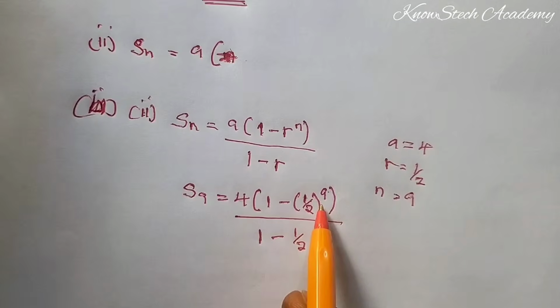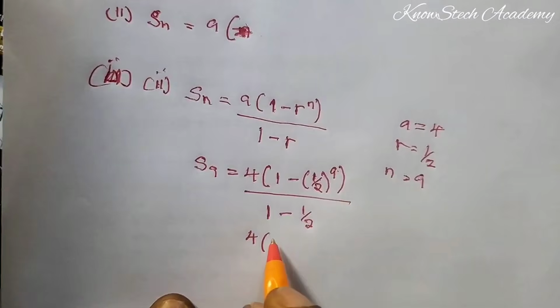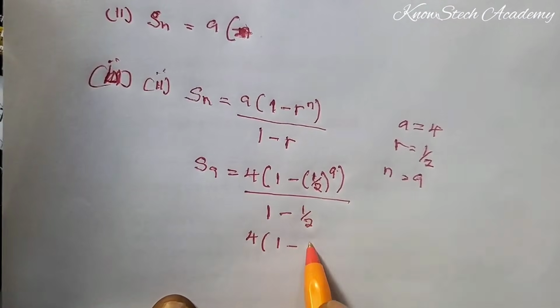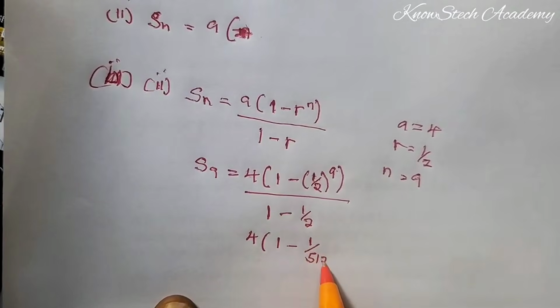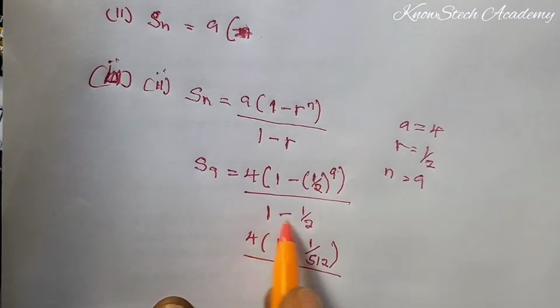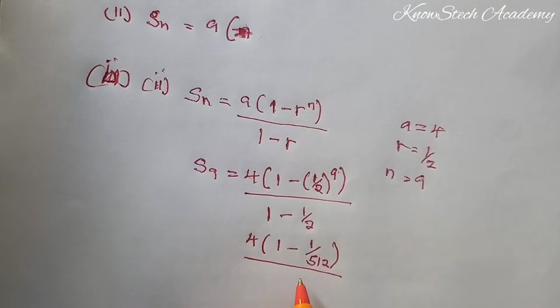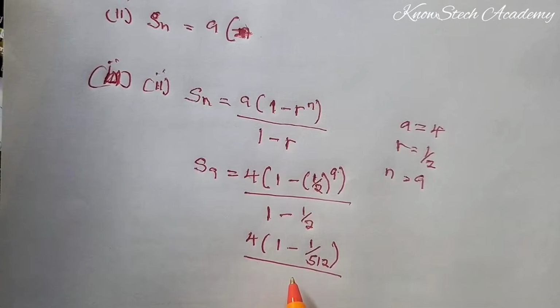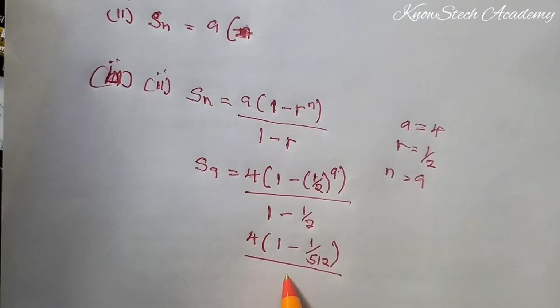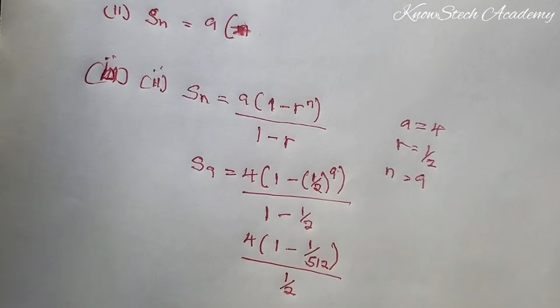This one will be 4, open bracket, 1 minus 1 to the power 9, which is 1, over 2 to the power 9, which is 512, over 1 minus half, which is half. So we have 0.5, or just half.